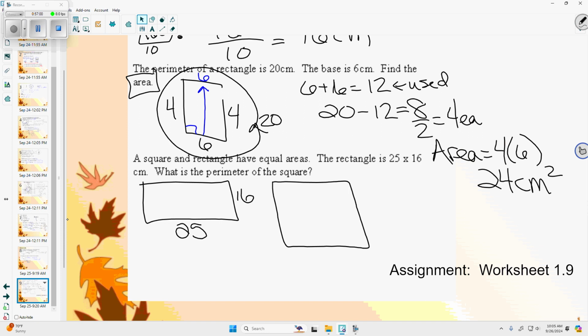All I know is that those two have equal areas. And I want to find the perimeter of the square, which means I need a side of the square. Is there something I can find out about the rectangle that might help me know something about the square? What can I calculate? The area. How do I get the area of the rectangle?